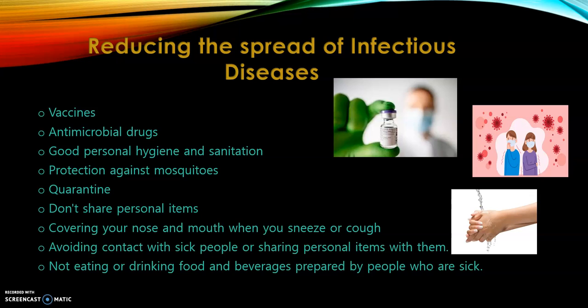Avoiding contact with sick people or sharing personal items with them. Not eating or drinking food and beverages prepared by people who are sick. So these are some of the ways by which we can reduce the spread of infectious diseases.